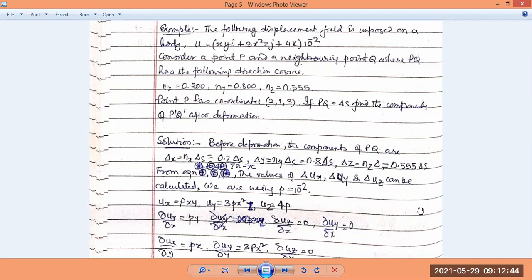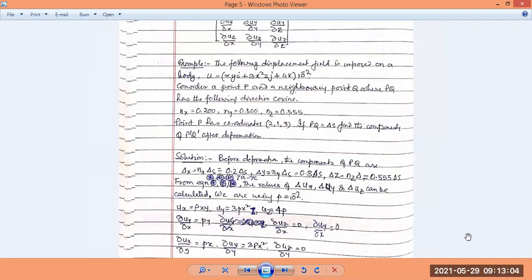We have to find out the rate of change of ux, uy, and uz in terms of x. Similarly, we have to calculate the rate of change of ux, uy, and uz in terms of y, and in terms of z.